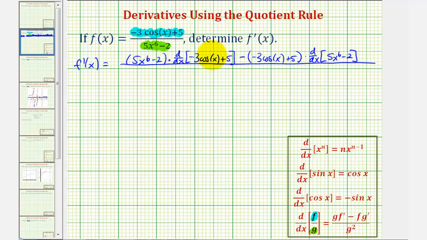And this is all divided by the denominator squared, or 5x to the 6th minus 2 squared. Now we'll find the derivative here, then the derivative here, and then simplify.